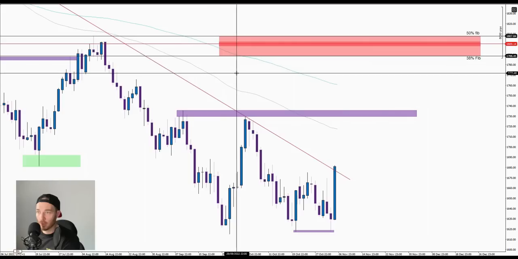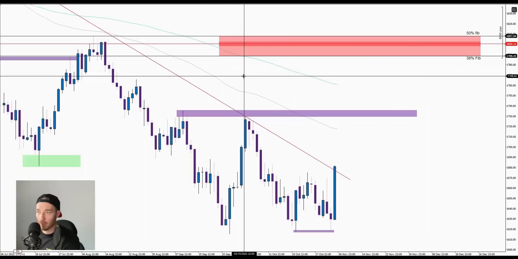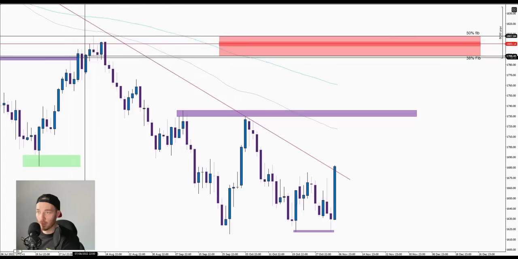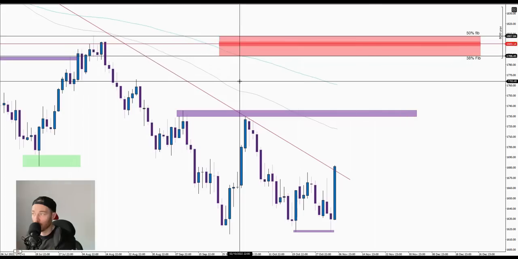They would be two separate trades, which is very possible to do here. But the reason I am not considering this as two separate zones is because of the price action around here and that 1800 psychological level, basically.